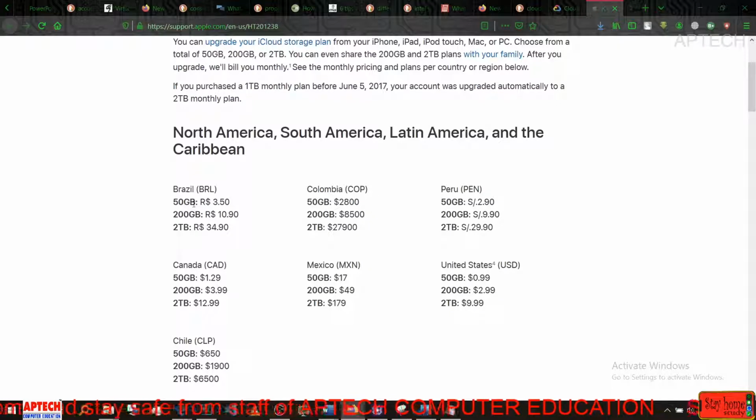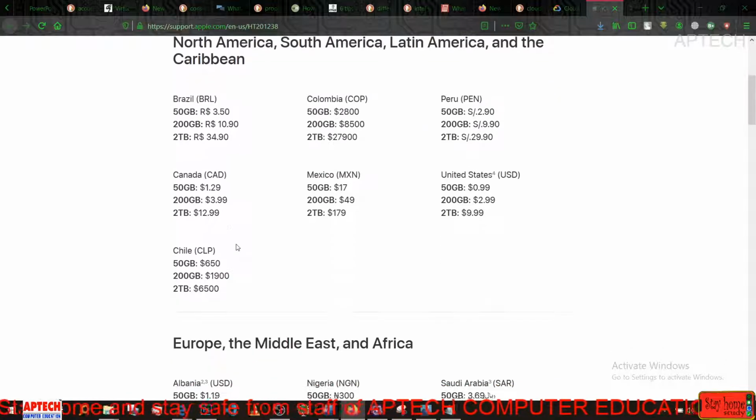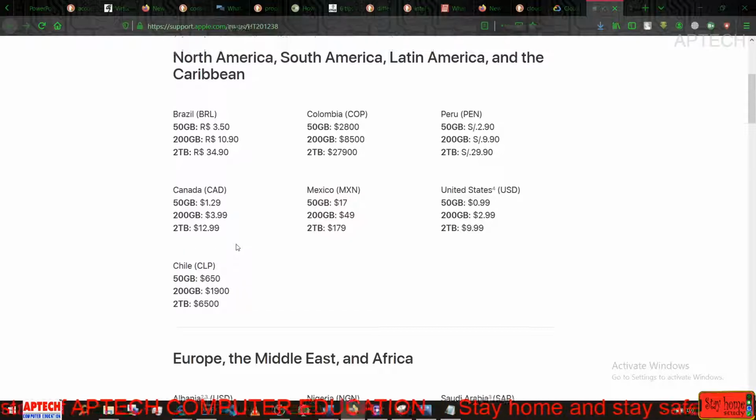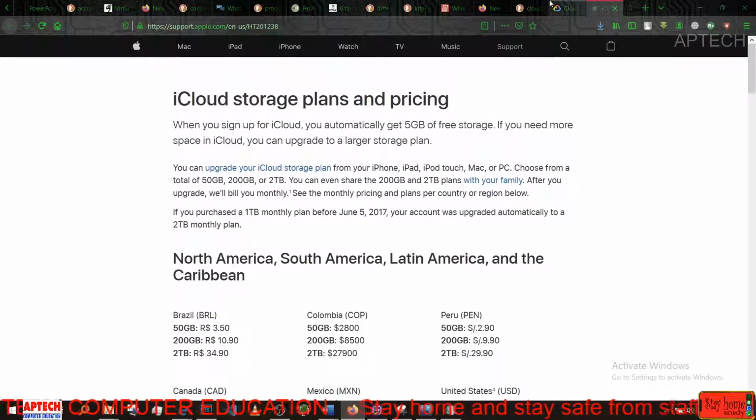And they're telling you the prices of each server. Now in each server, they're telling you, okay, 50 GBs is this, 200 GBs is this, 2 TB is that. So you choose according to your plan and how much your budget is, and you're able to get that space. They can expand that space for you.